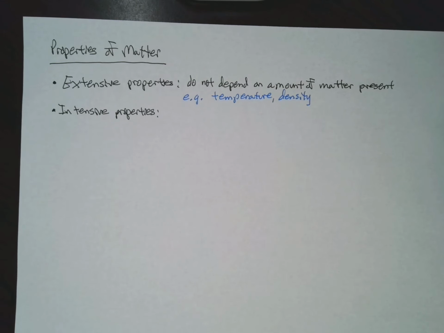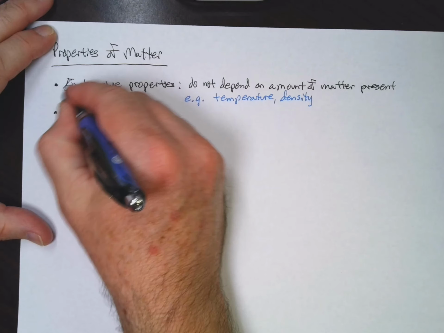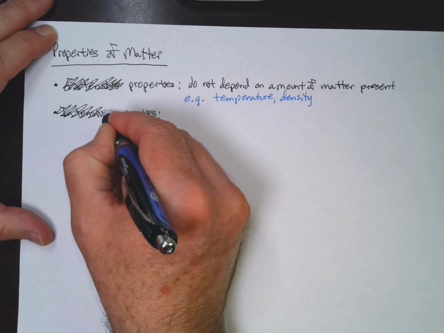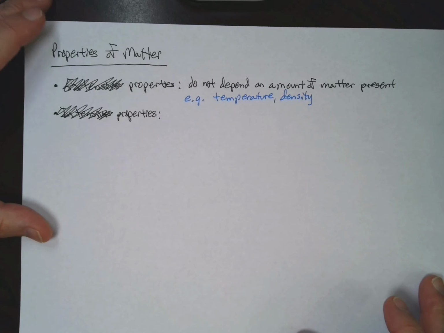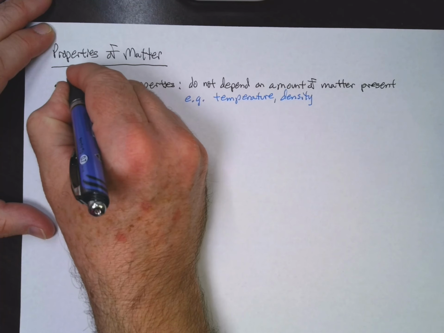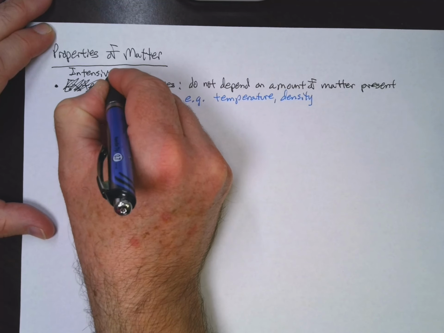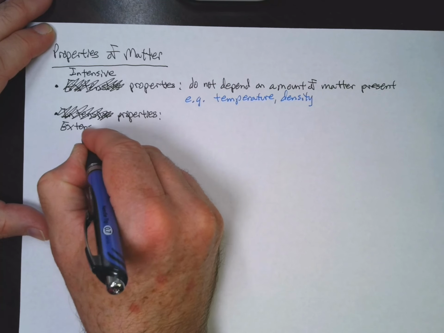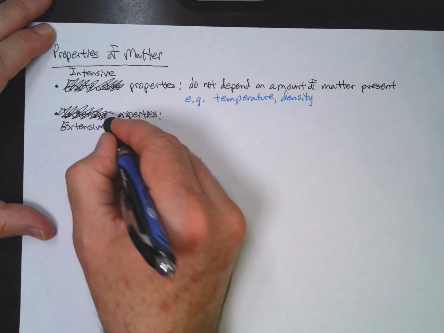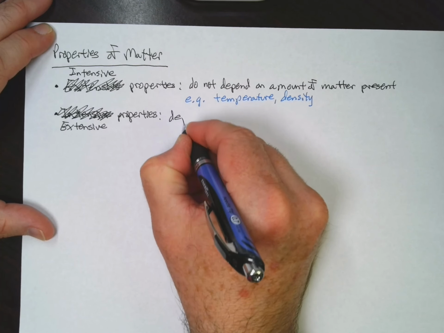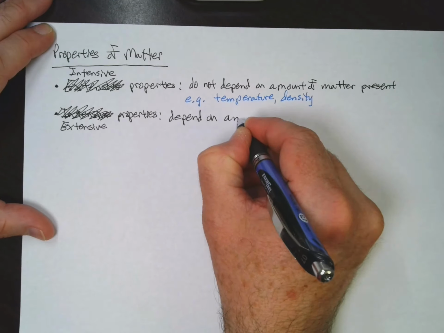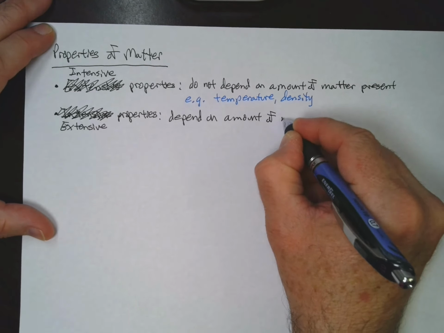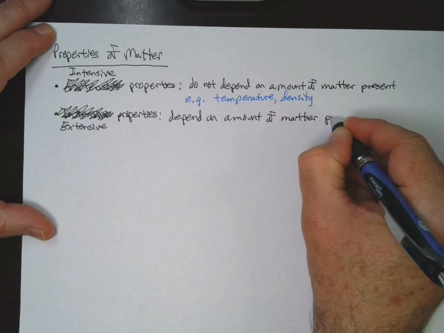Intensive properties, on the other hand, are the opposite. I'm sorry, I got these backwards. See, it's not always as easy as you think. Let's try this again. Intensive properties do not depend on how much stuff, and extensive properties do depend on how much stuff you have. So these depend on the amount of matter present.